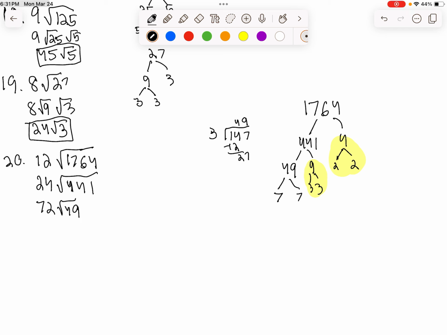And that is just 7. So you get 72 times 7, 14, carry the 1, 49 as we established over here. Carry that 1, you get 50. So this whole square root is 504.